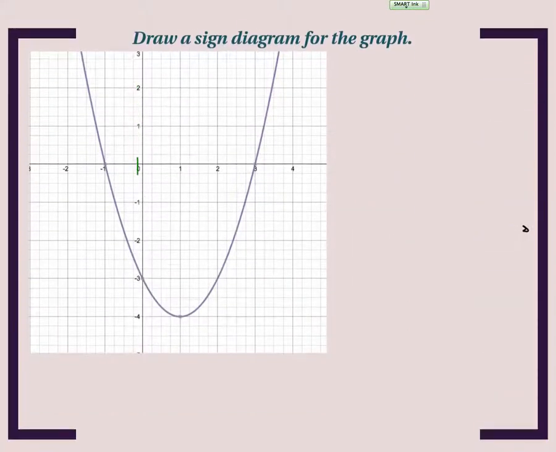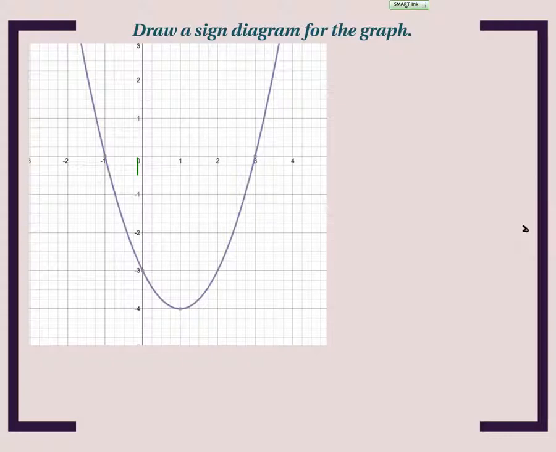So then, here's another one. In this case, we've got a parabola. Once again, we'll start looking at our x-axis to look at where it says y equals 0.